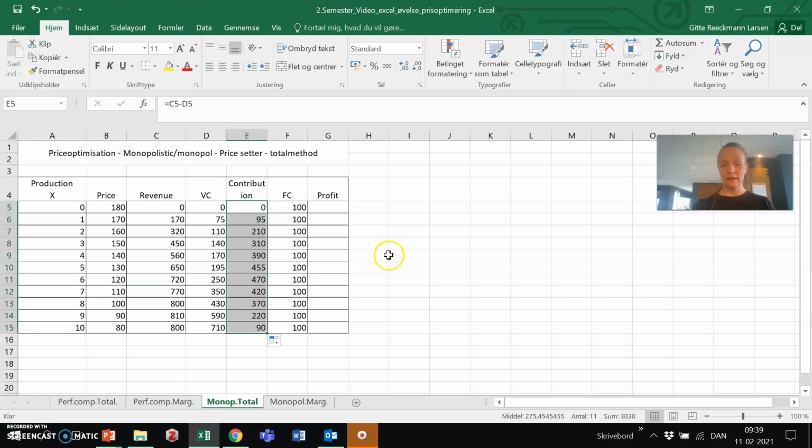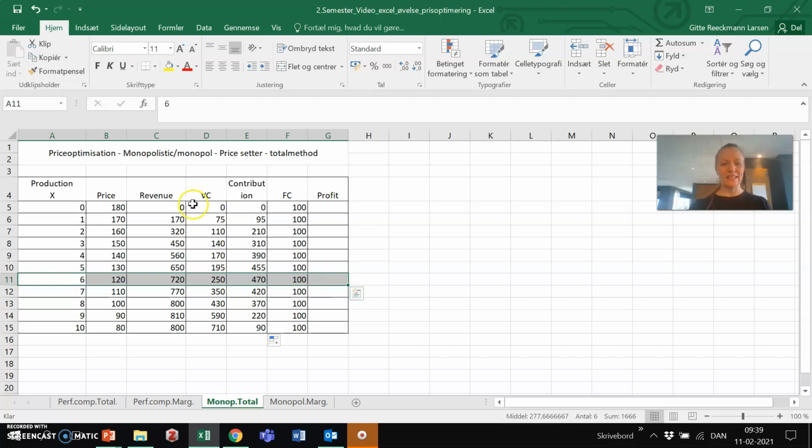We double click, and when we take a look at this, where we find the highest contribution, this will also be where we find the highest profit because what we subtract are fixed costs, right? So it seems we have the highest contribution at a price of 120 and production of 106.